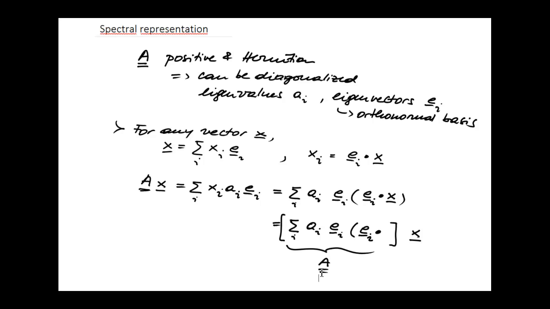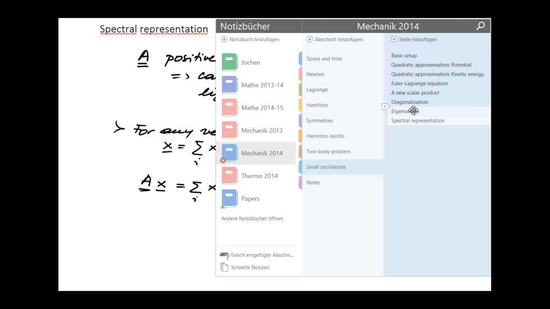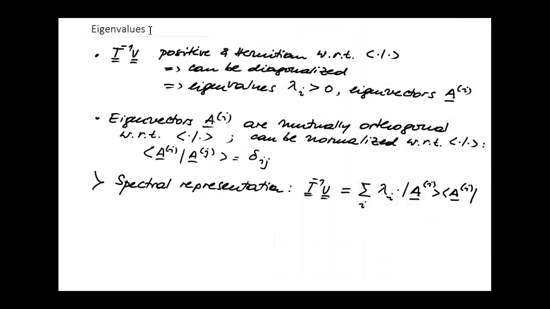So we can say what is inside the square bracket is the matrix A. This is a representation of the matrix A. It's sum over i, eigenvalue ai, and then vector ei, again, eigenvector ei, scalar product with whatever vector this is applied to. But this is the basic idea, and this is the form that we have here on the previous page.